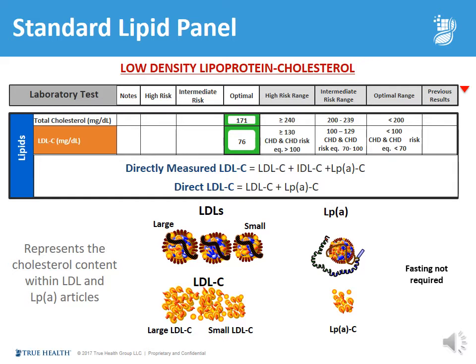So in general, the bottom 20th percentile LDL cholesterol would be 100 or less, and the higher levels would be where risk begins, and those are at the 160, 180 milligrams per deciliter concentration.